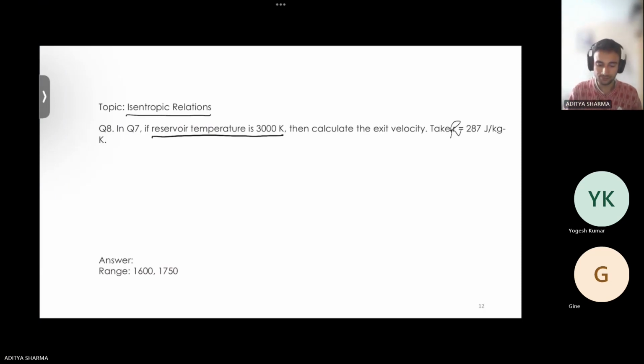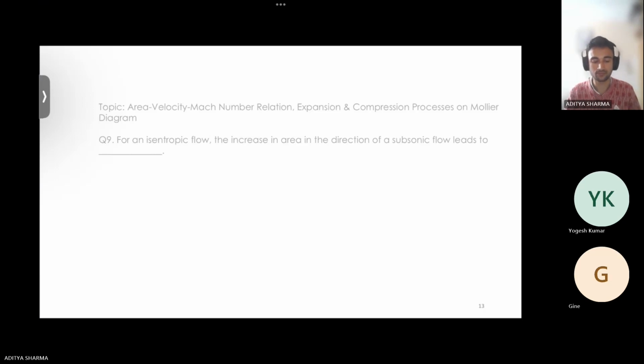Then we have this area velocity Mach number relation. The topic is area velocity Mach number relation, and then expansion and compression processes on modular diagram.